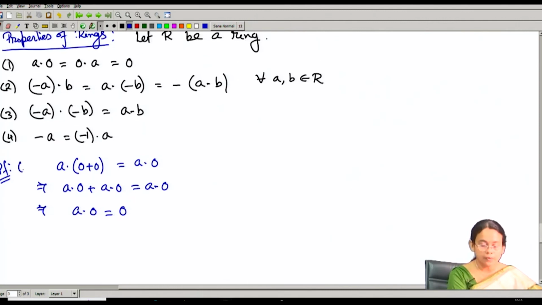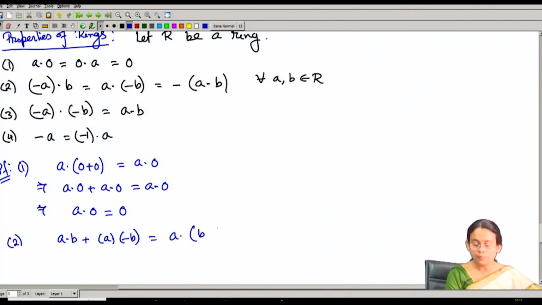Similarly, I can give you a proof of the second one, again using the distributive law. You know that a dot b plus a dot minus b, I can write as a dot (b plus minus b), by using the distributive law. But b plus minus b is nothing but the additive identity 0.